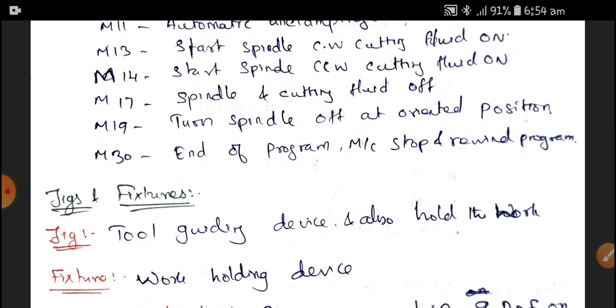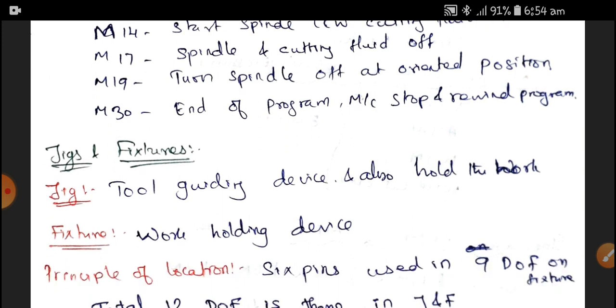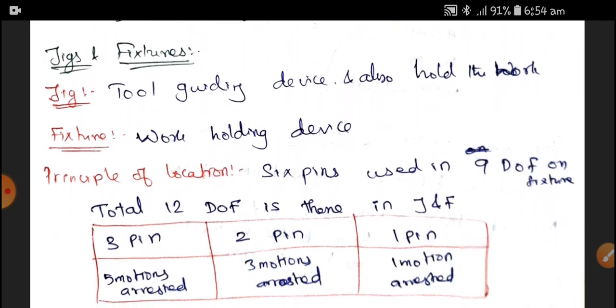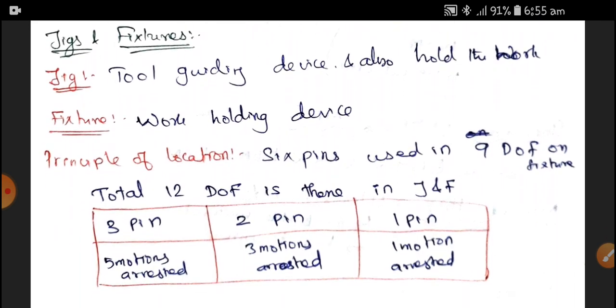So like that, the G codes and the M codes are used to control the computer. With this coding, the machining is done. The next topic is jigs and fixtures. You have to know jigs and fixtures; these points are very important.